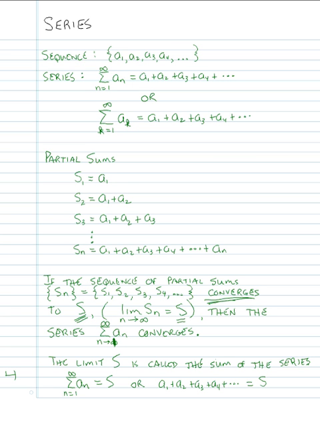If, instead, the limit as n approaches infinity of the partial sums is plus or minus infinity or does not exist, then the series, the sum from n equal 1 to infinity of the a sub n's, diverges.